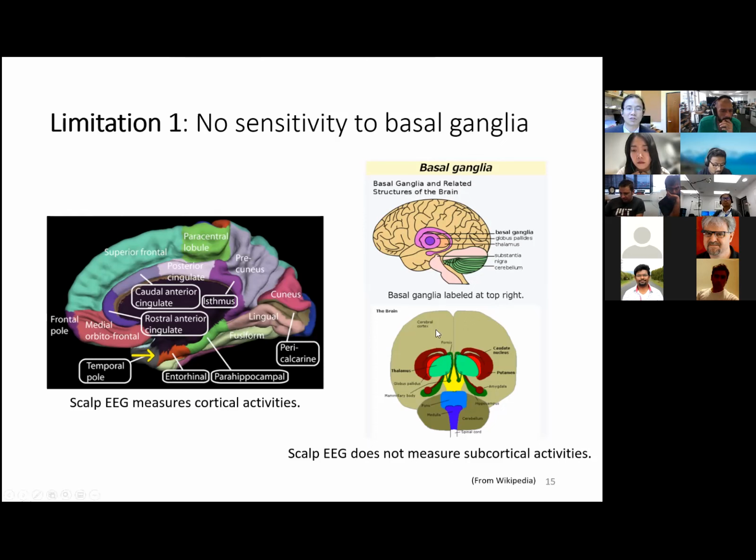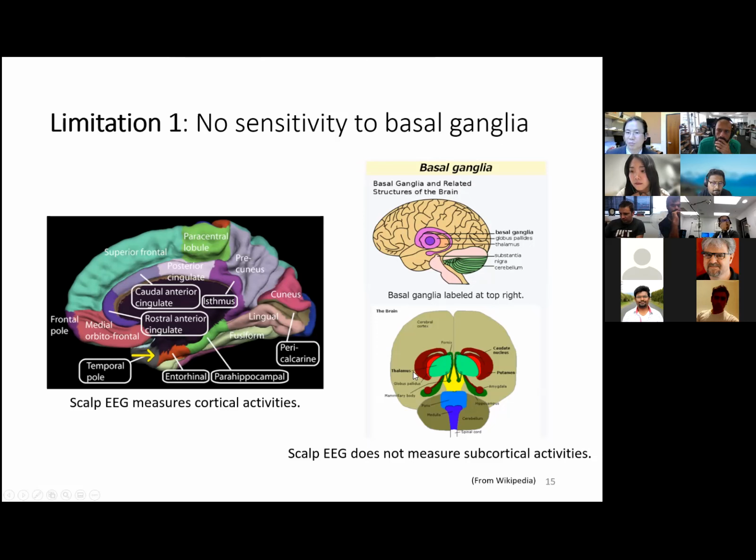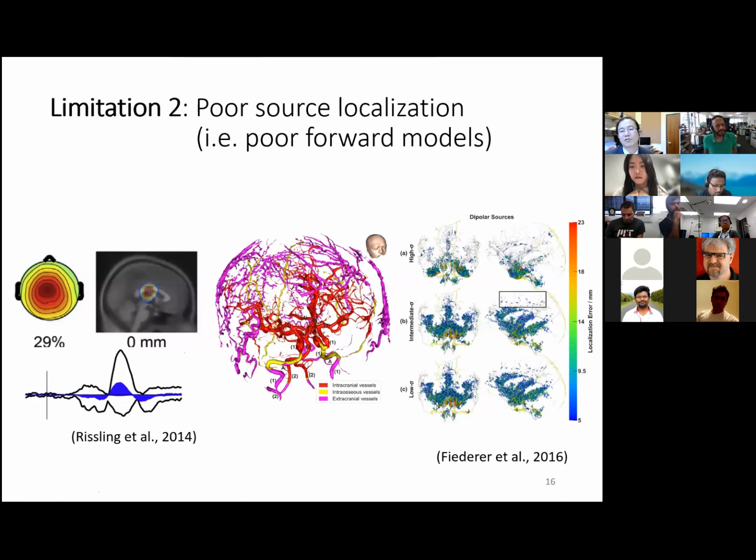We cannot find such a structure in the deep nuclei, including the basal ganglia and the thalamus. The cerebellum also does not have such an EEG-favorable cytoarchitecture, so we cannot measure it. That's a well-known limitation. Sometimes people argue, "Oh, we detected something in the thalamus using EEG," but you shouldn't take that literally.